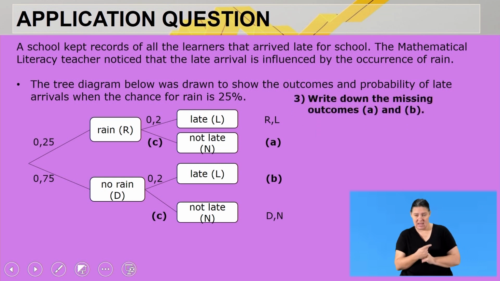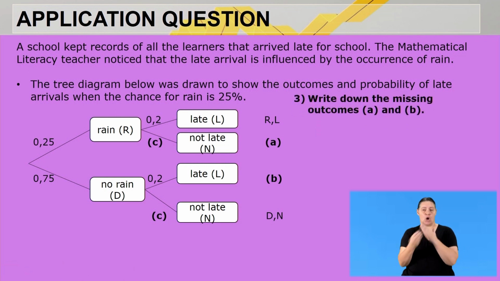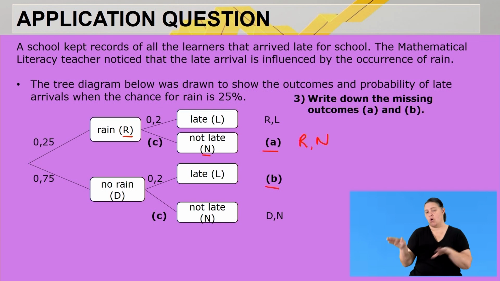Here we are saying, write down the missing outcomes, A and B. Remember, this is a tree diagram, so now we have to use the letters that was indicated, right? So for A, I'll therefore say it will be here, R and N. Agree? So R and N, which represent rain and not late.